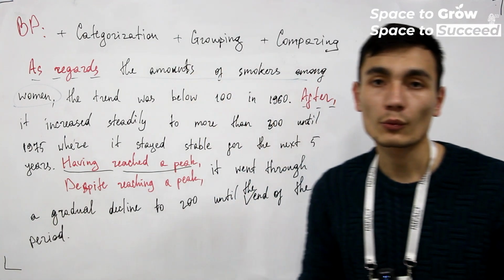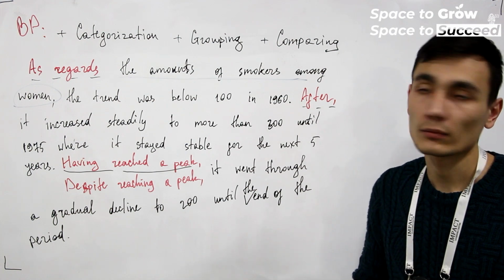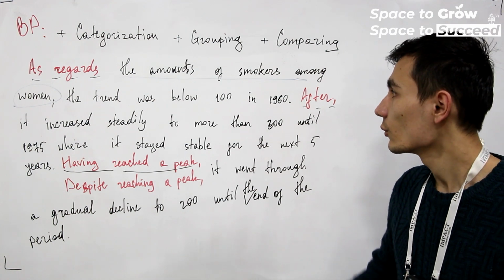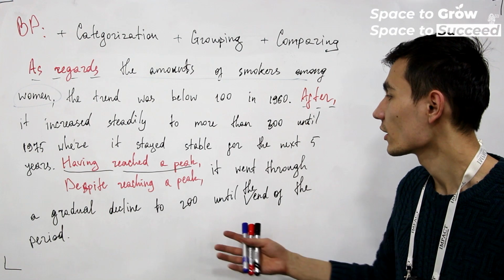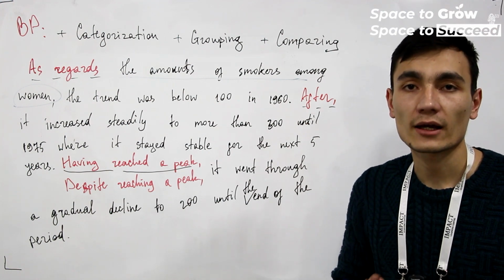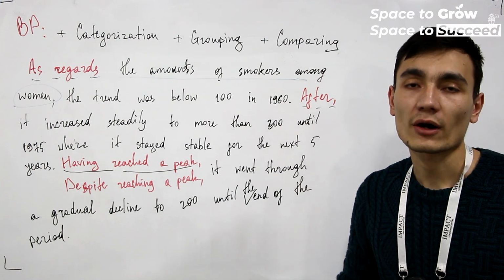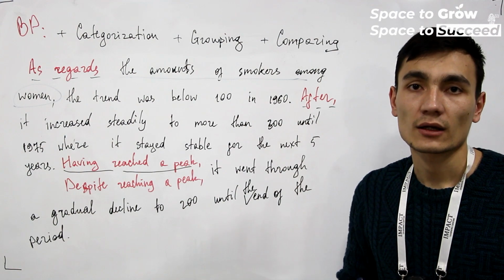As you saw, we described all the important parts of the trend for females. We started with 100 and ended at 200, and we gave all the relevant information. And that's the end of our body paragraph 2, and that's also the end of our Task 1 line graph essay.